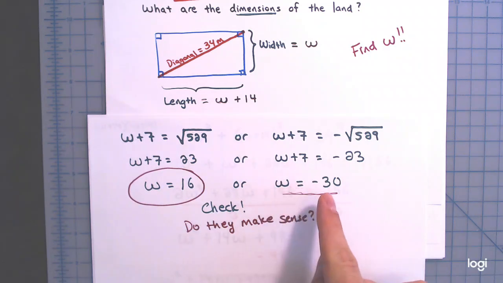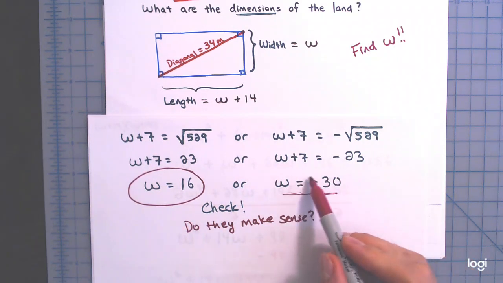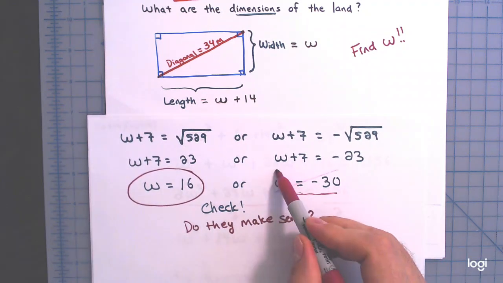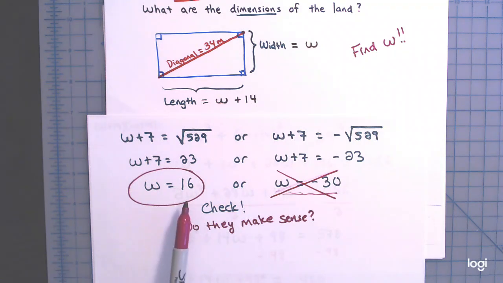Having a width of negative 30 meters doesn't make any sense. How can you have a negative width? So yes, this is a solution to the equation I wrote, but it doesn't make sense with the problem. So I'm going to eliminate negative 30 as a possibility. The only one that does make sense for a length and a width is the positive 16.